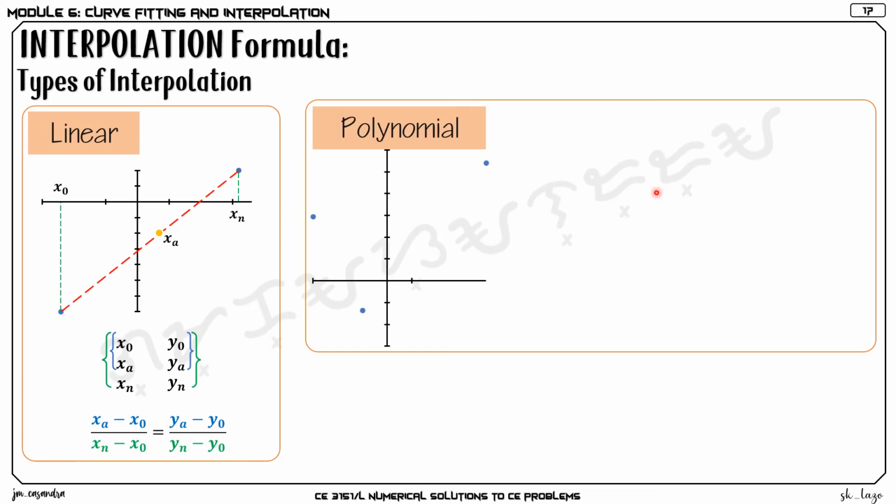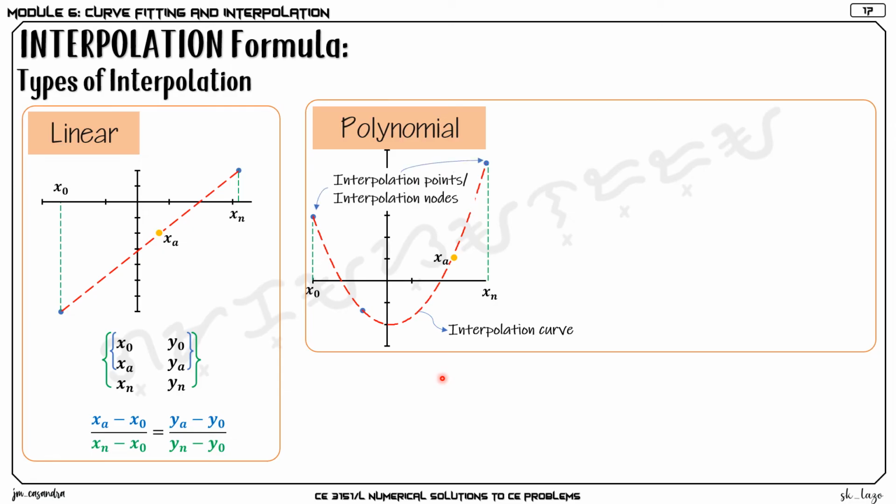The next type of interpolation is the polynomial interpolation. So given a few points, we have a curve that would follow or pass through all the given points. This curve is what we call your interpolating or interpolation curve, and the points x sub o, x sub n, and all other points passing through this curve are what we call your interpolation points or interpolation nodes.